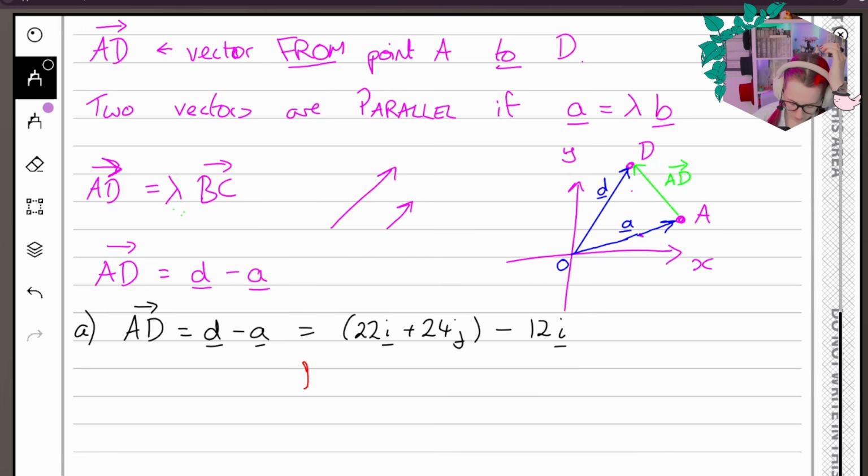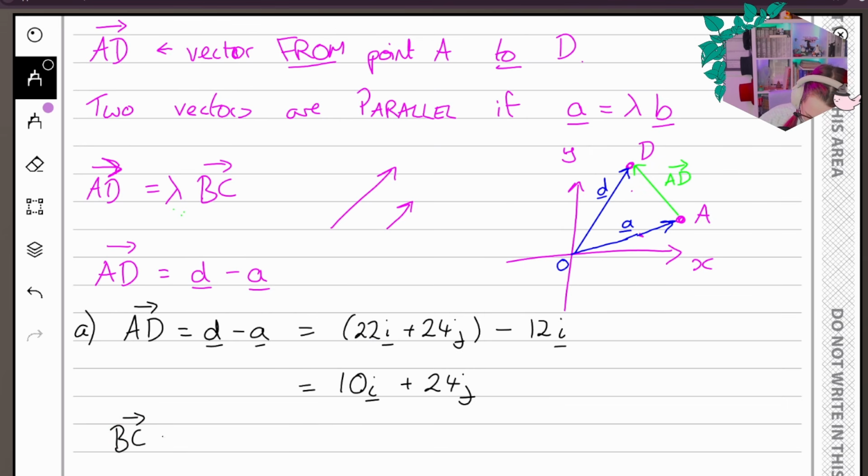Okay, so when we add and subtract vectors, in the same way that we do with other expressions, we add like terms. So we take all the i's together and we take all the j's together. So the i's, we have 22i minus 12i, so we have 10i. And then there's no j term coming from the a bit, so we can leave the 24j alone. So that's our vector that takes us from A to the point D.